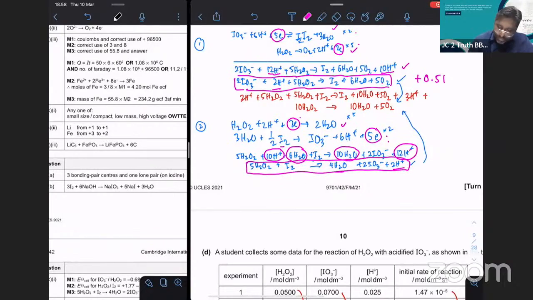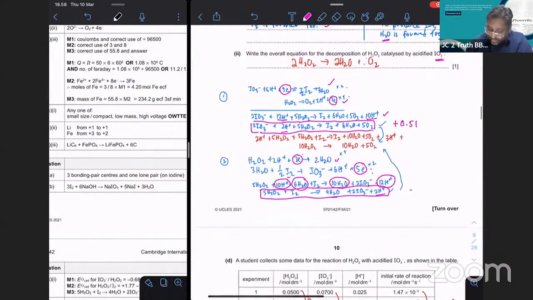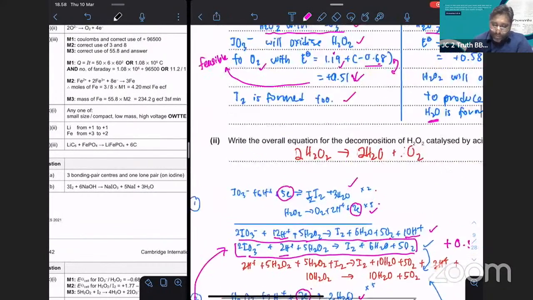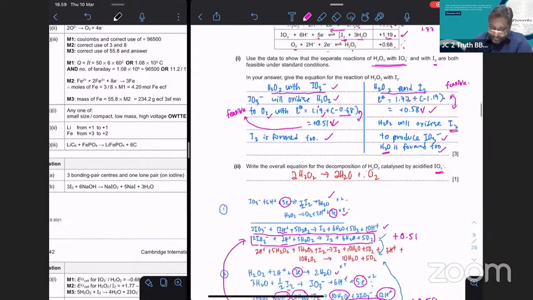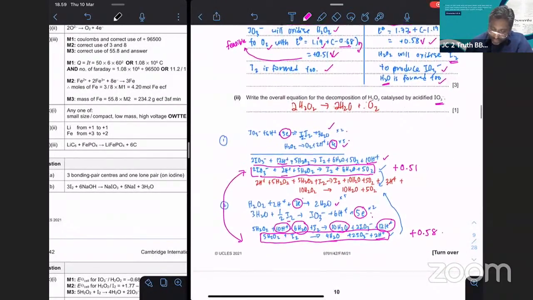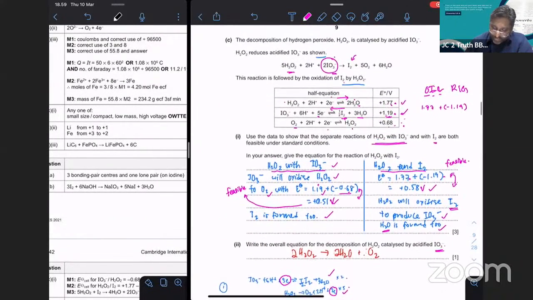This one is actually the one that we did, 0.58. What you need to do now is combine these two. Look closely at what actually happens over here. They mentioned that this one reacts with 2IO3, so 5H2O2 react, this equation, the one that they have written over there.